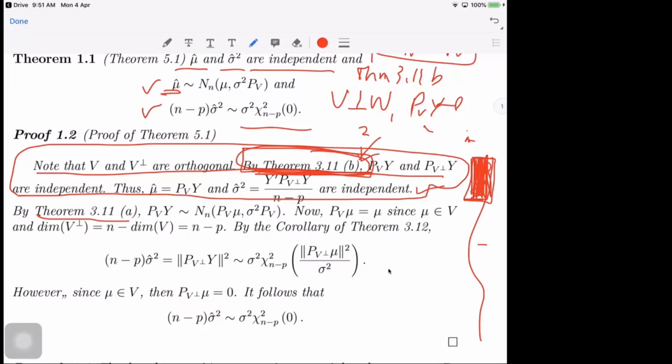So with the assumption, suppose V and B perp are orthogonal, then you show how these are independent. It has something to do with the concept used in proving 3.11: the covariance matrix, right? Yes, ma'am.